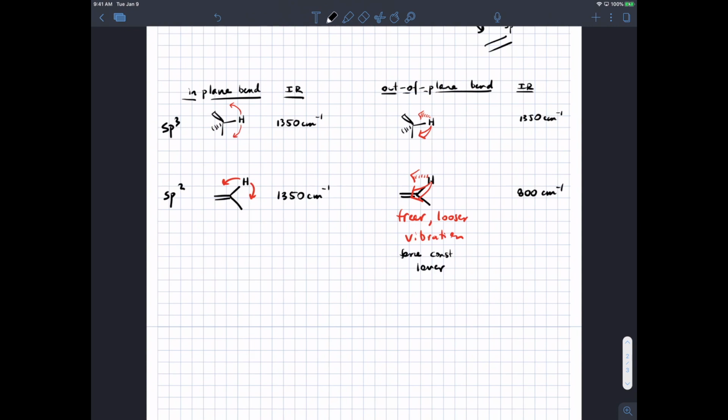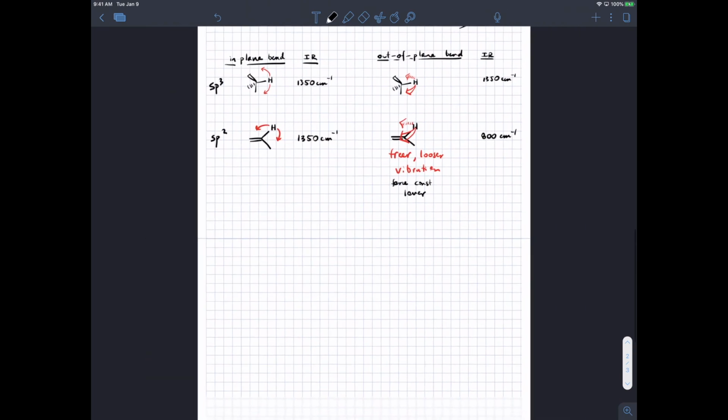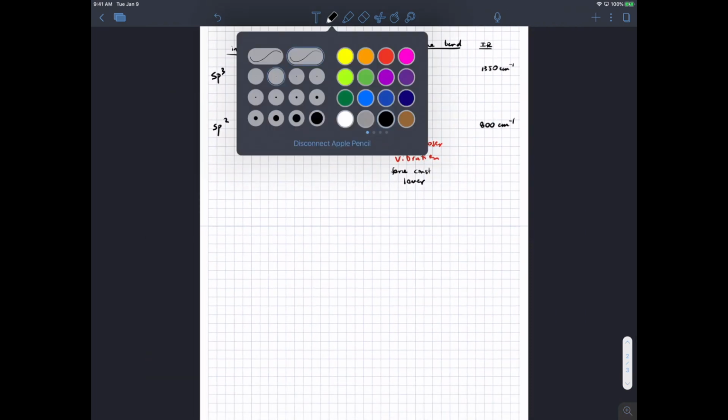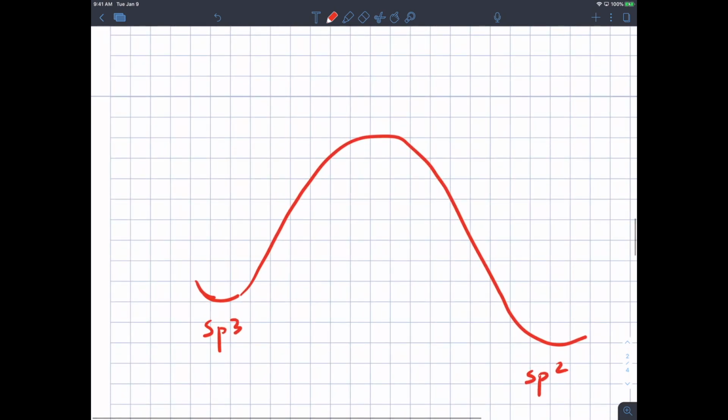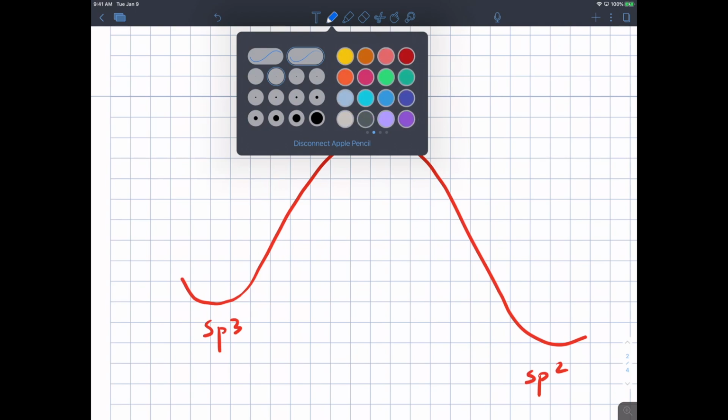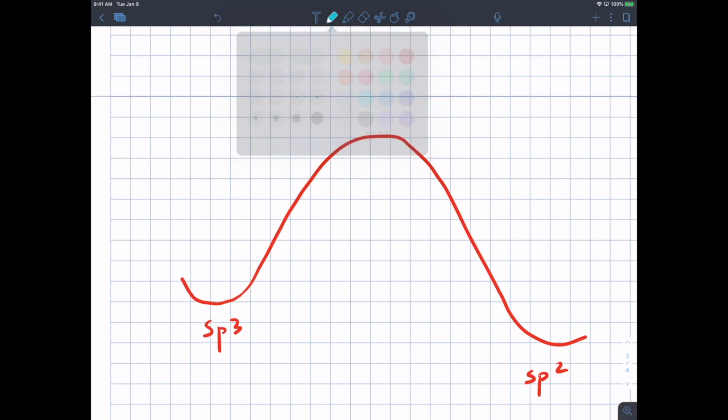Okay. So if you think about a reaction in which you go from an sp3 hybridized carbon-hydrogen bond to an sp2 hybridized carbon-hydrogen bond, what you're going to observe, and I'm going to abbreviate our drawing, is I'm going to just superimpose that vibrational potential energy well right on the place where the starting material is.